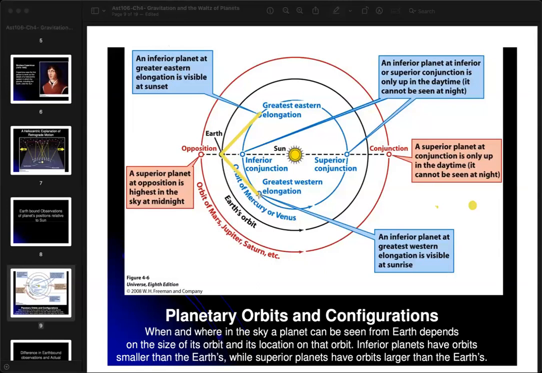And then same thing here, this is the greatest western elongation. And by drawing this diagram, we can understand greatest eastern elongation and greatest western elongation.